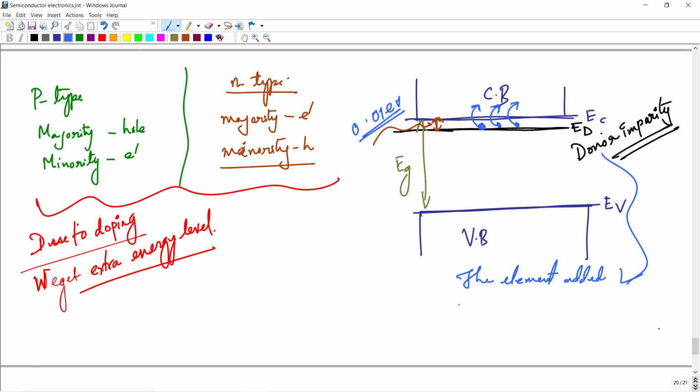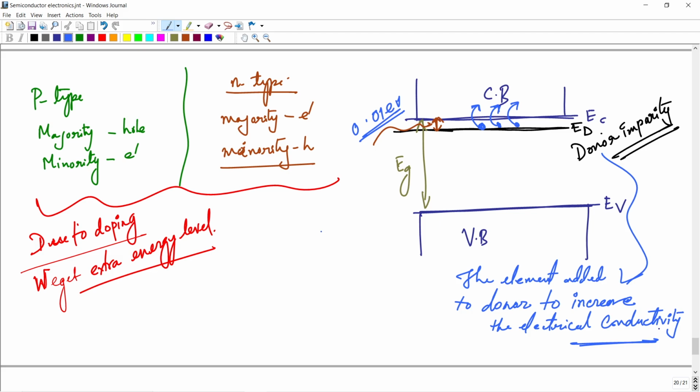If I dope with a pentavalent atom, we get some extra electrons here. Those extra electrons are in ED, and they easily jump into the conduction band. So we get good electrical conductivity here. That's called a donor impurity.